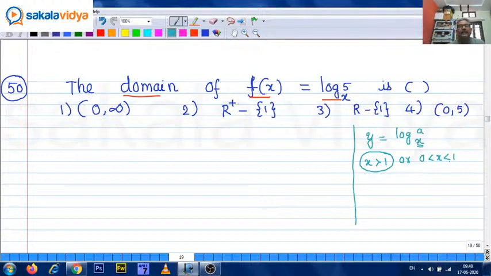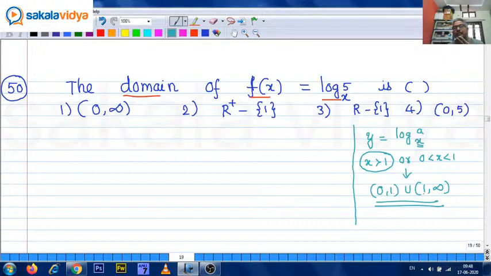That means the domain we can write x greater than 1, or you can write like this, 0 comma 1 union 1 to infinity. Always the base of the logarithm will lie in this, 0 comma 1 union 1 to infinity.